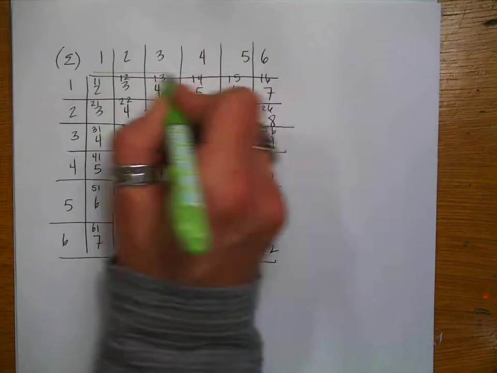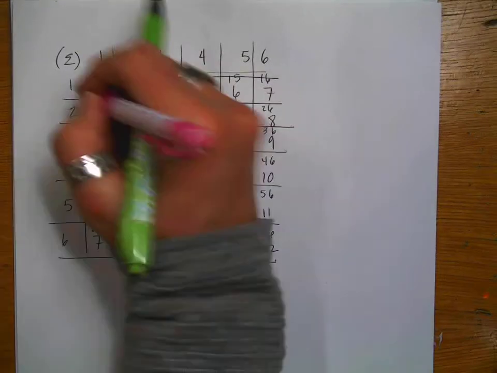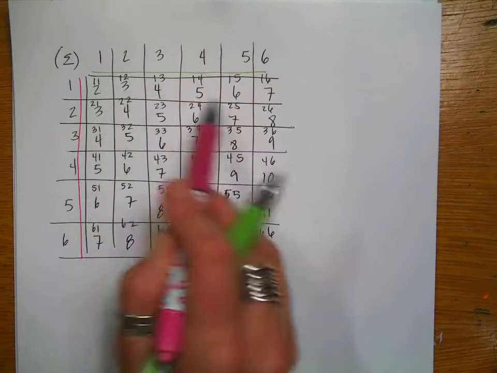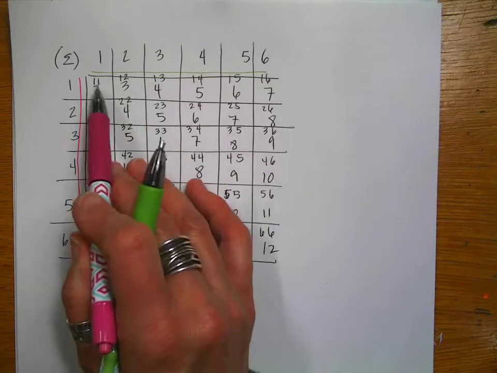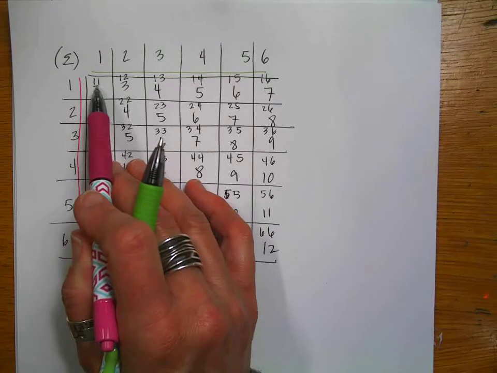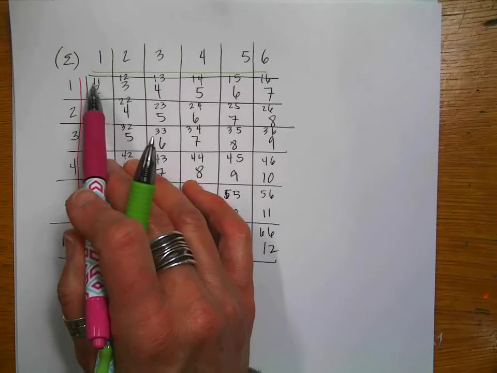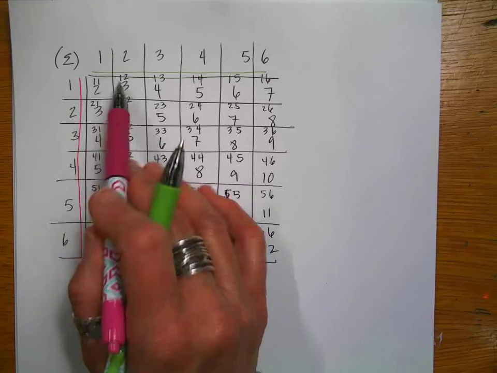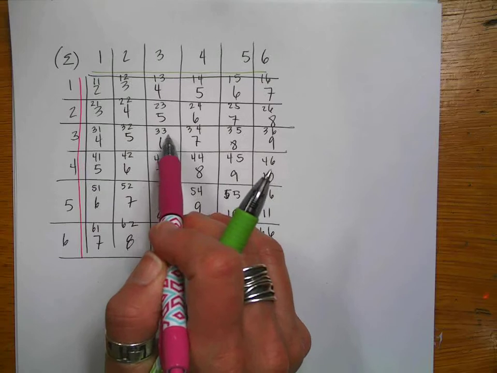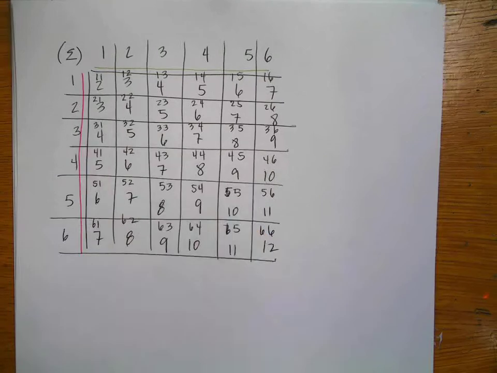Remember that this is die number 1, and this is die number 2. And then the big numbers are the sums, and then I wrote the little numbers at the top because we're going to need those in this particular example. So this would be a 1 on the first die, a 1 on the second die. This number right here would be a 3 on the first die and a 3 on the second die.